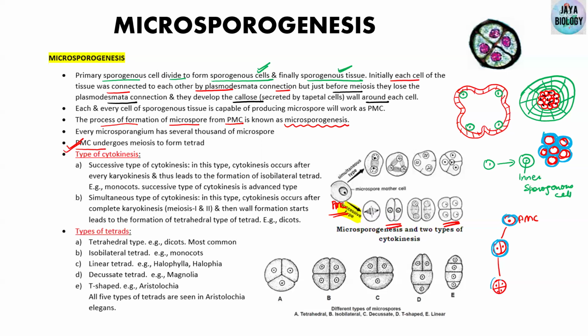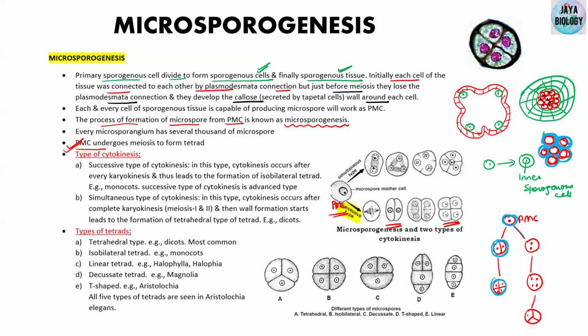Another type is what? The PMC will go for meiosis and only karyokinesis will be done. So they form two nuclei, no cytokinesis. Then they make four nuclei. And only after that, wall formation will be done.